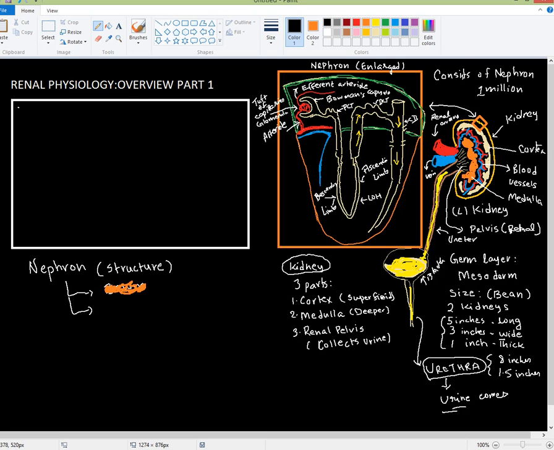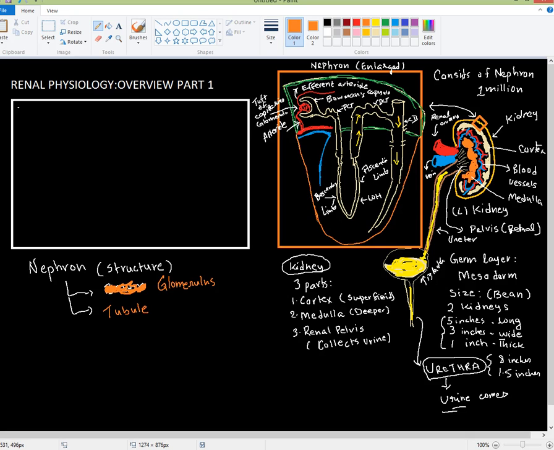Okay, so the nephron has two parts. The first one is glomerulus, and the second one is the tubule.